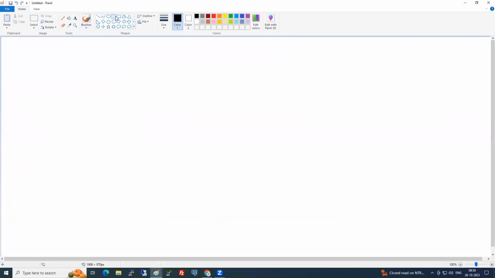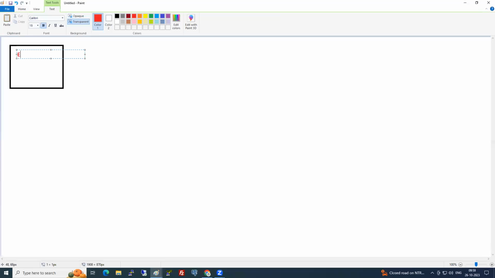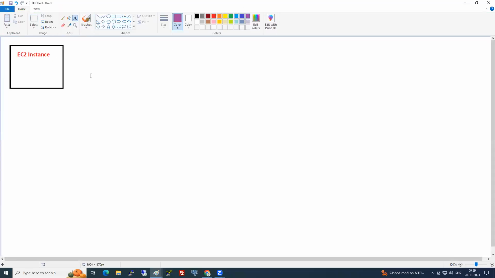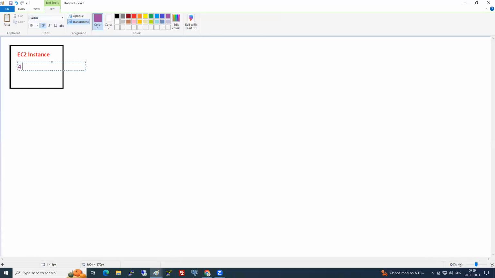Now I'll give one real-time scenario. Assume that I have one EC2 instance. You launch one EC2 instance with, let's say, 4 GB RAM and 2 virtual CPUs.